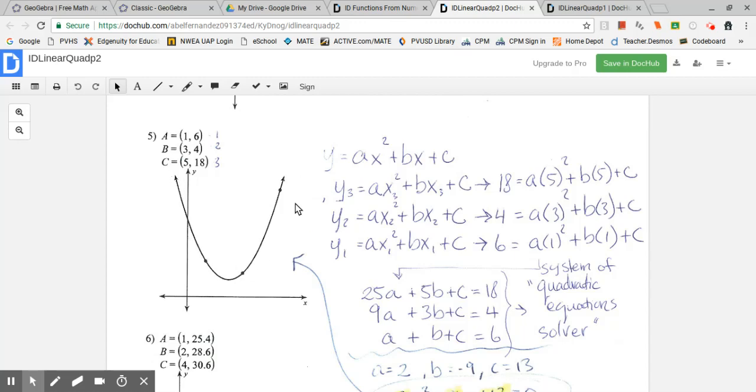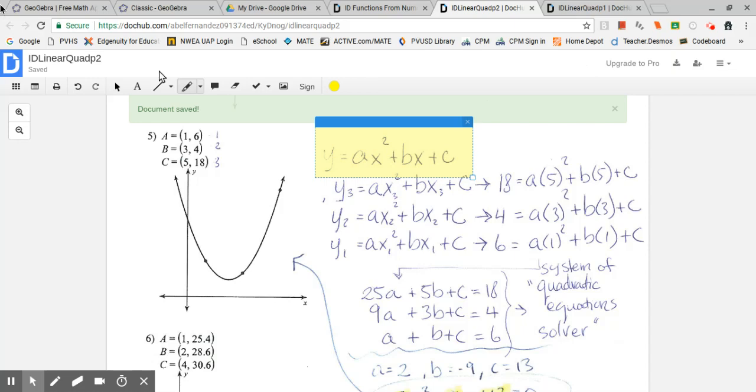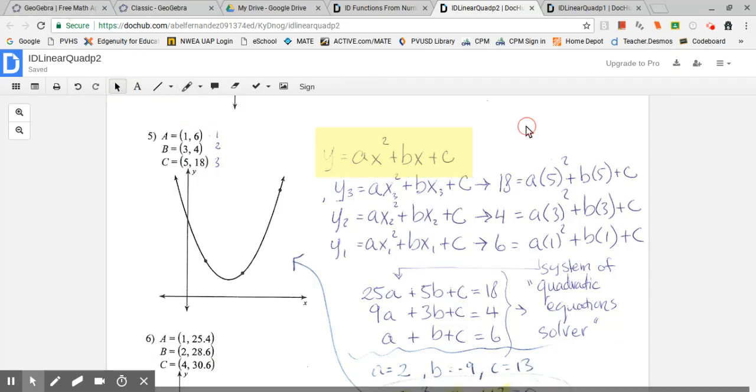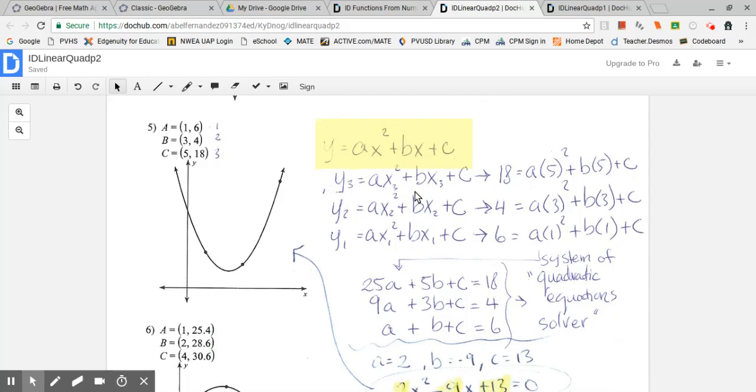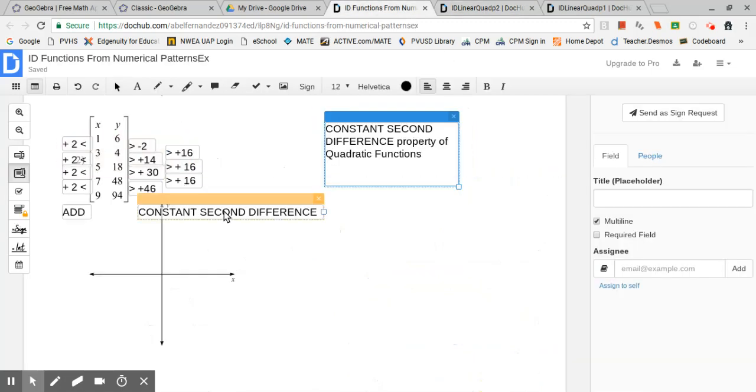It must be quadratic. We assumed it was quadratic. So now this is the general equation that we would use, and we would go about the process that we talked about in class. We would create three equations. Which 3 points should we use? Like you said, we can use any 3 points.